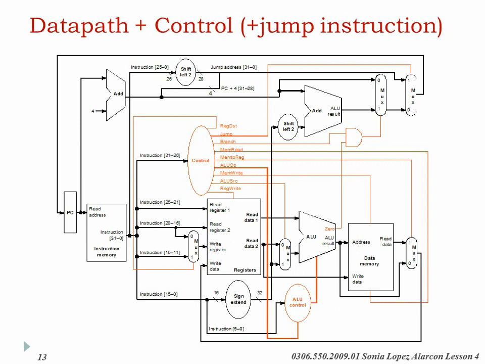And I'm going to do some examples here, and there is going to be a question very similar to one of these examples in either the midterm or the final. So what I'm going to be doing here is giving values to some of these control signals and ask you to figure out which instruction this is and why.